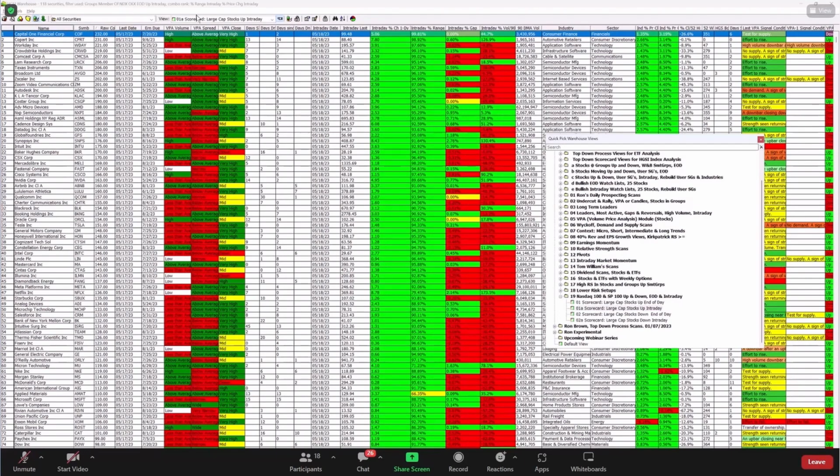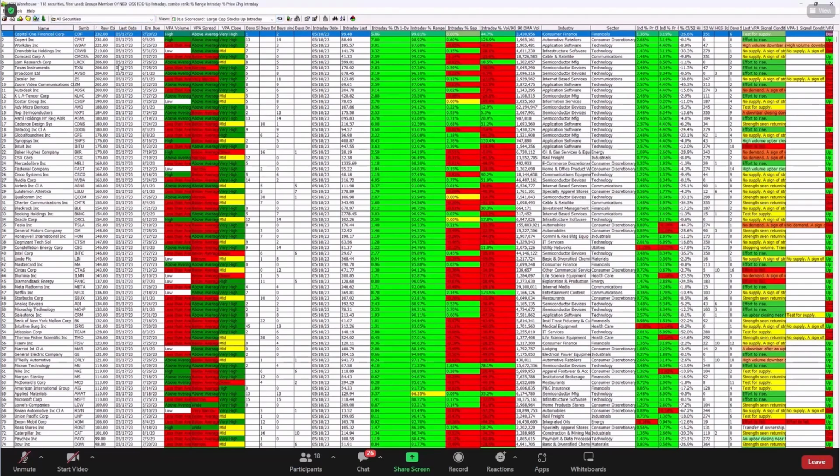It's for momentum. What this filter does is it goes in and combines the stocks in the NASDAQ 100 and the S&P 100.